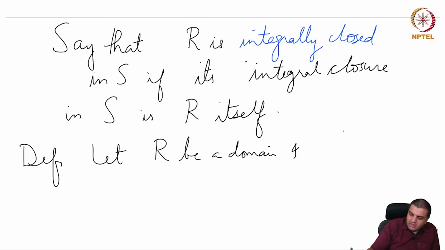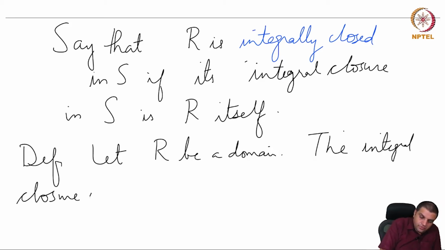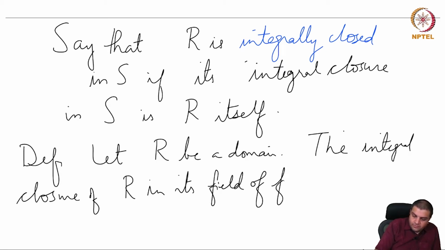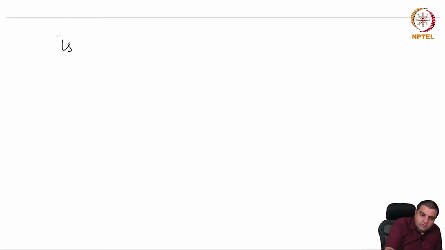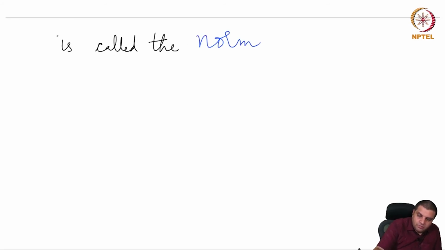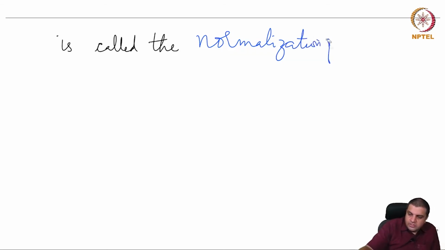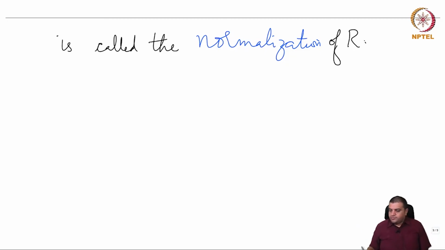The integral closure of R in its field of fractions is called the normalization of R. So this is a definition.